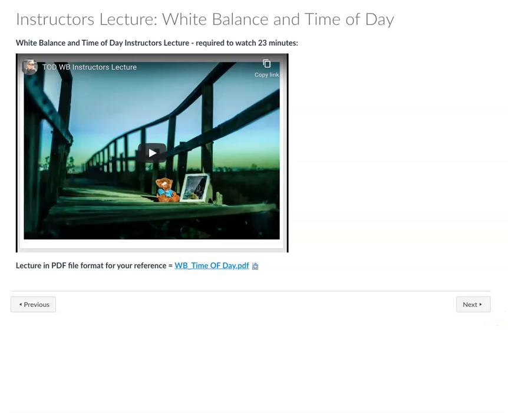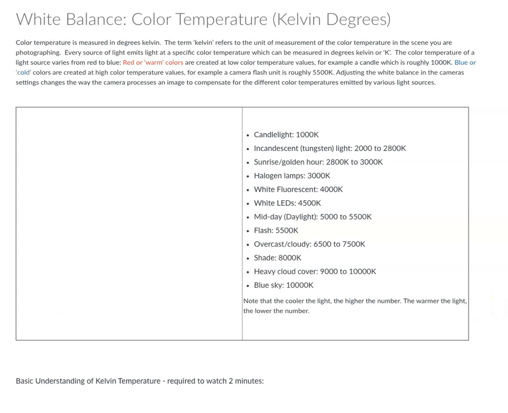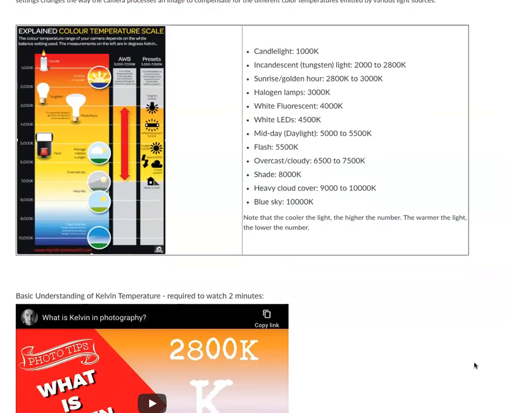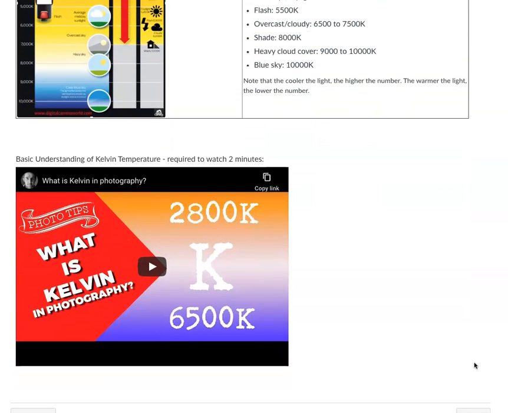So please take the time to watch that. And then I go into a little bit more detail about Kelvin temperature, which is also discussed in the lecture. But you might also want to check out this 2-minute video just to really further understand the concept of Kelvin temperature.